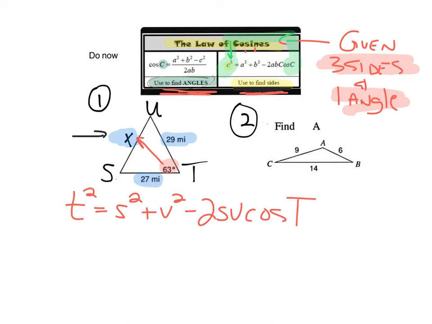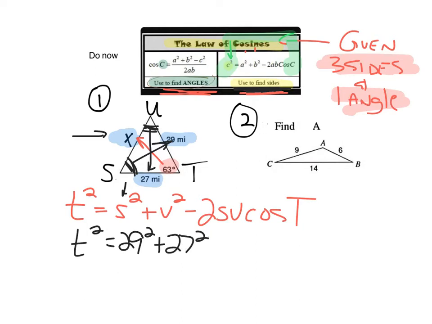So here I'm going to have T squared equals, now S squared. Well, here's angle S, so the side opposite that is 29. So it's going to be 29 squared plus U squared. So up top is angle U, so side U is 27.